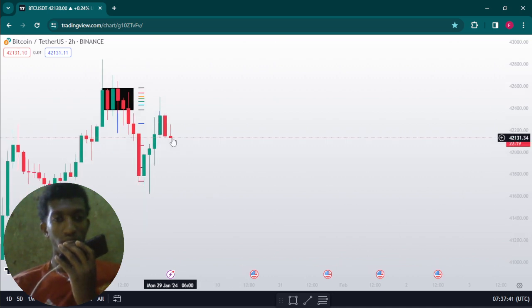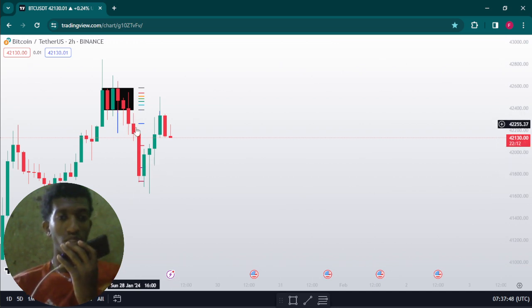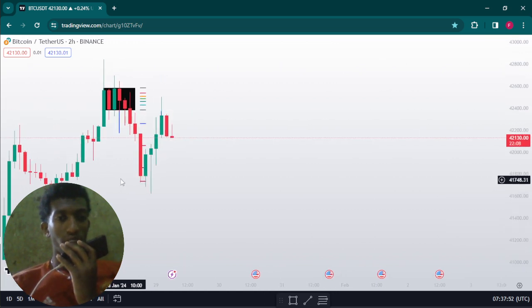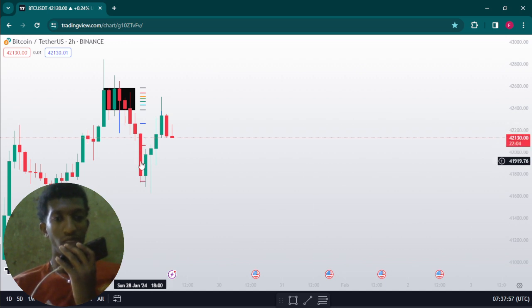As you can see, even right now it is coming back to fill the wicks. So this would have been a nice trade. I could have made around $1,500 from this trade if I hadn't got out right there.